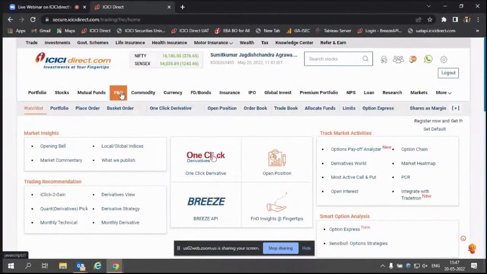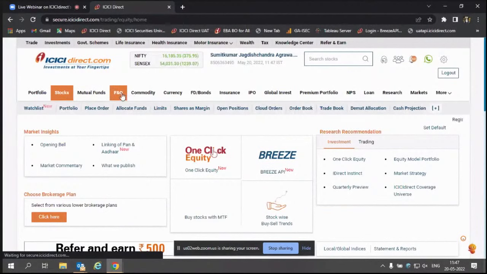And the other one is, how can one go to TradingView from our website? Let me just start from the beginning. Once you are logged in on your website page, click on the FNO all stocks.